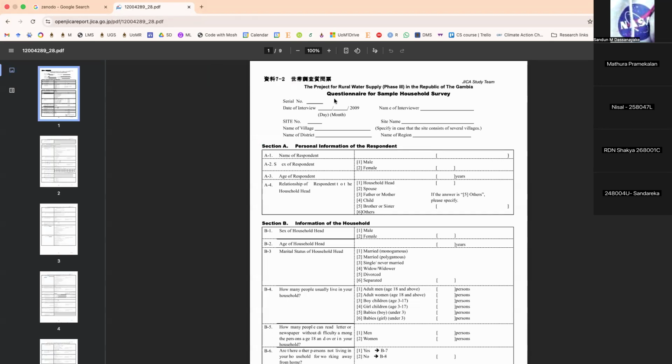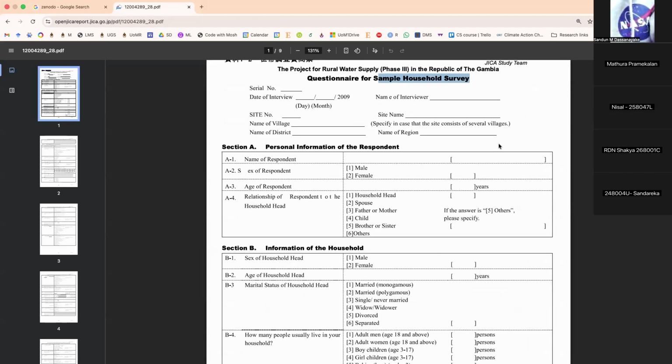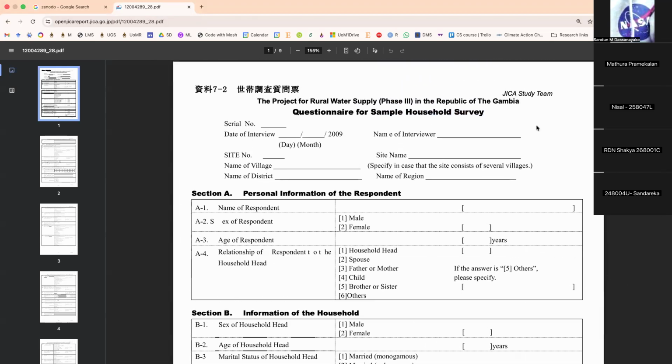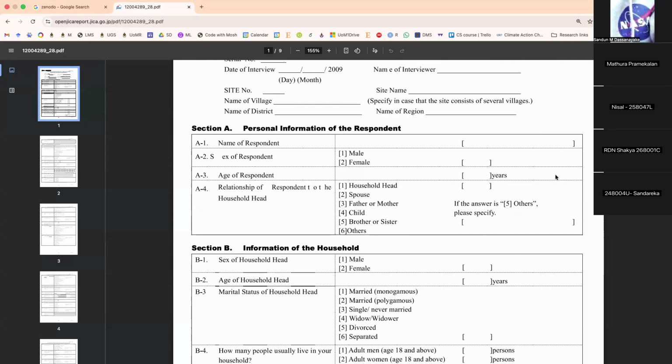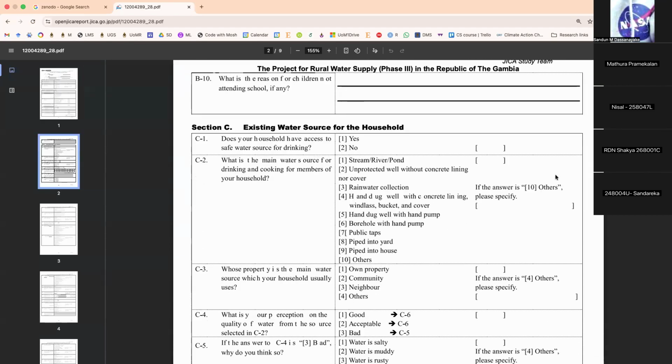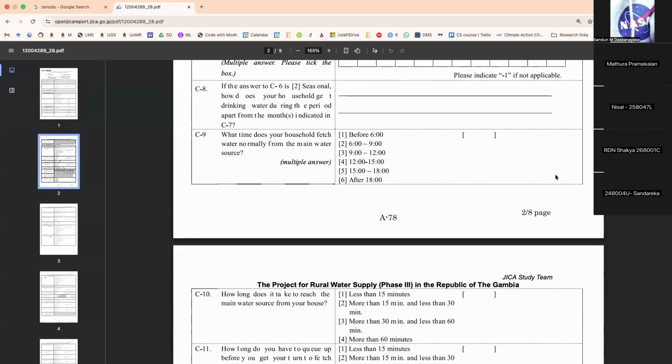All right. The project for rural water supply in the Republic of Gambia, questionnaire for sample household survey. I include this because it's a professional one and it's already been implemented. The JICA study team has developed it. So look at this and try to see how a good questionnaire might look like.